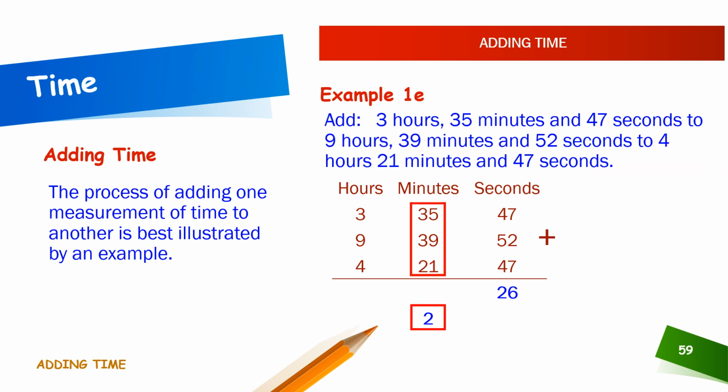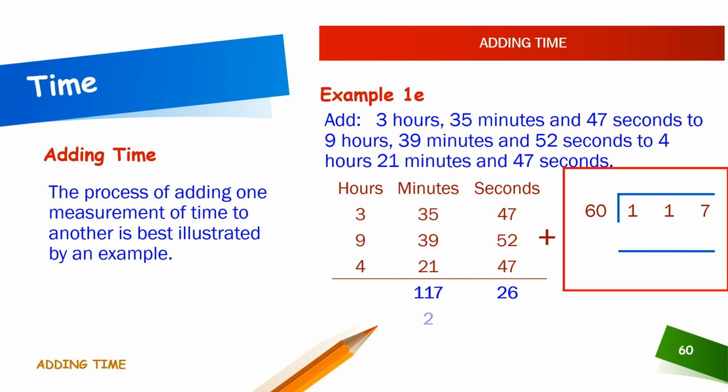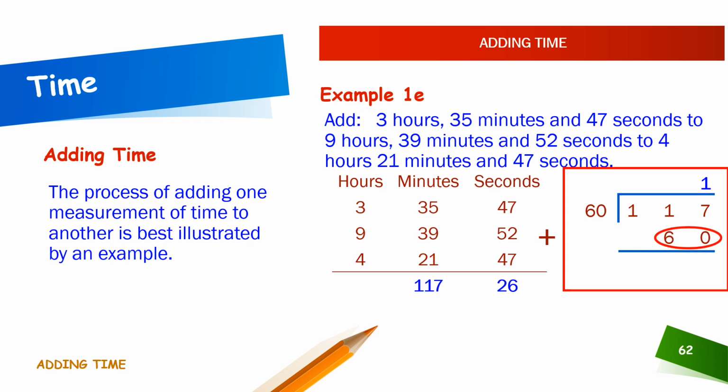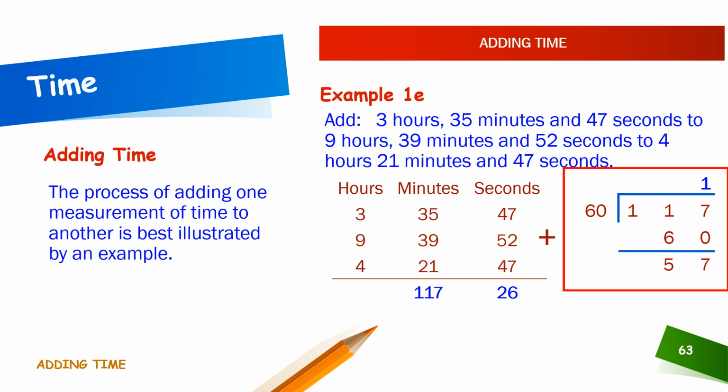Now we add the minutes to give 117, and 117 minutes divided by 60 is equal to 1 remainder something. 1 times 60 is 60. Then we subtract to give 57.